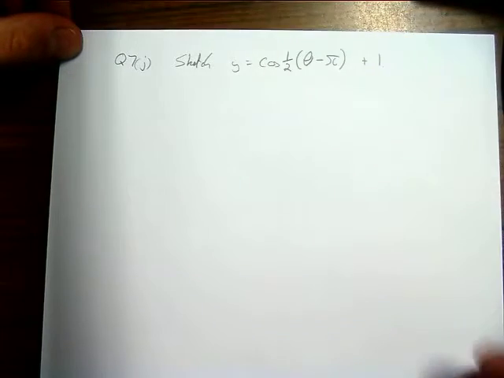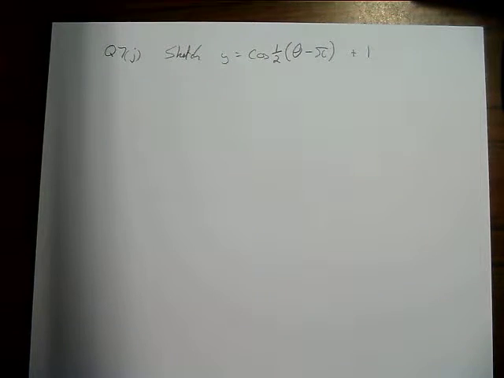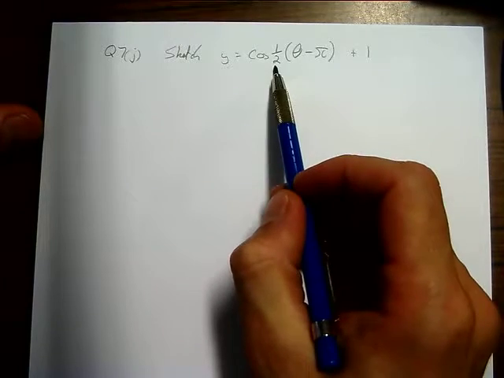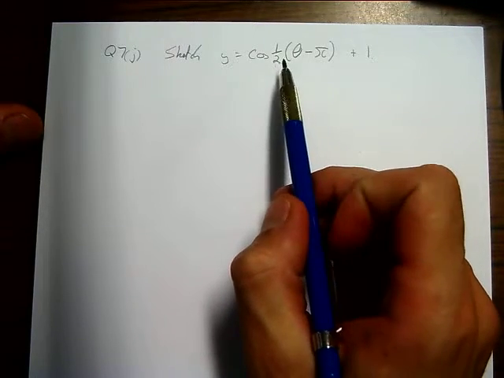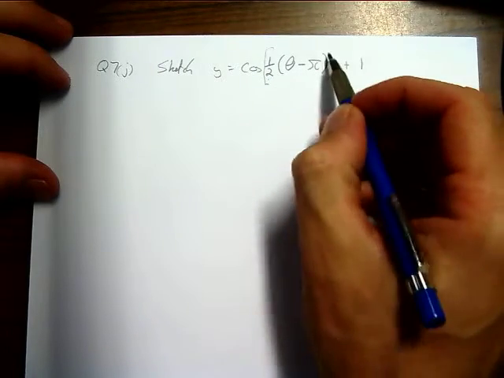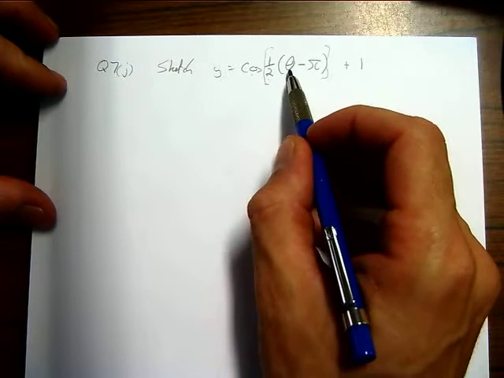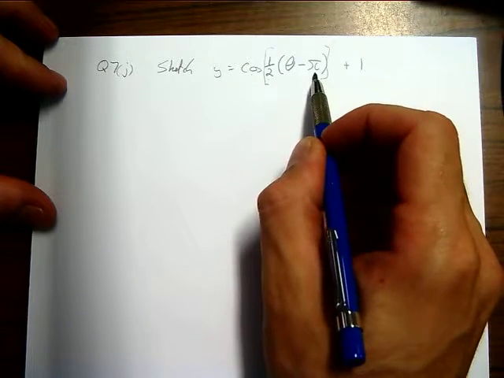So this one looks a little bit different to what we've been seeing. What's different about it? Yeah, this half here. So really what this is saying, the way I would write this is like this. Because really inside my cos function I have a half of theta take pi.